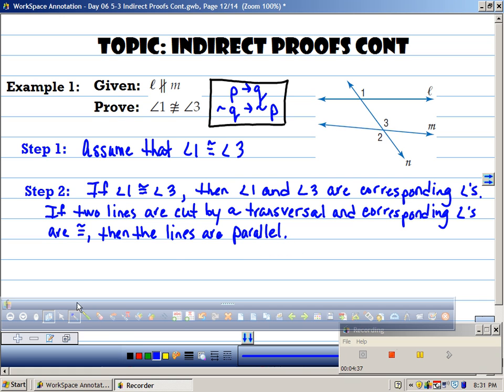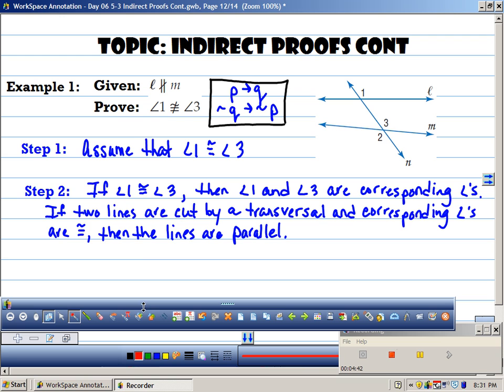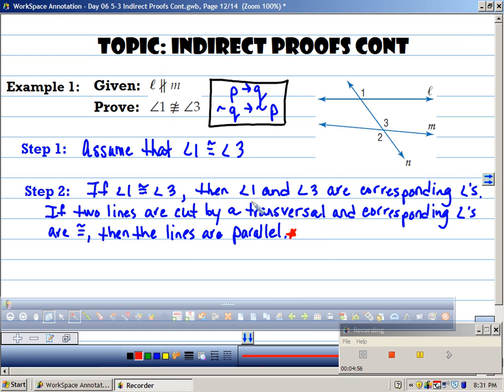So that completely takes care of step number 2. We have shown the assumption leads to a contradiction of the hypothesis. If this is our hypothesis, we just contradicted our hypothesis by saying that the lines are parallel.